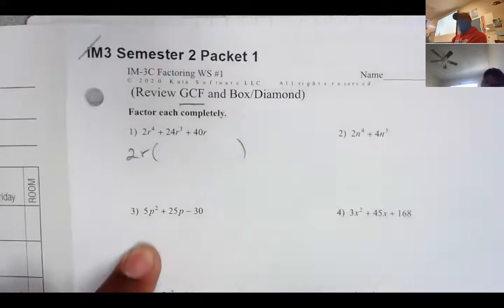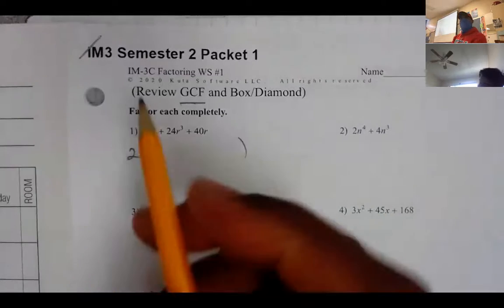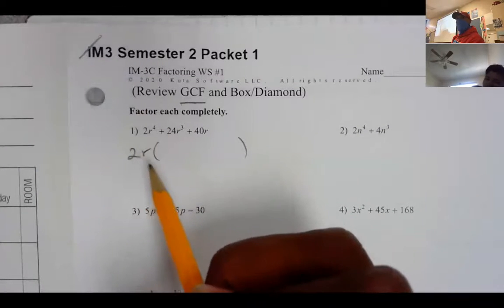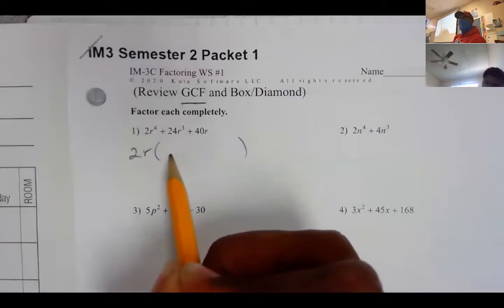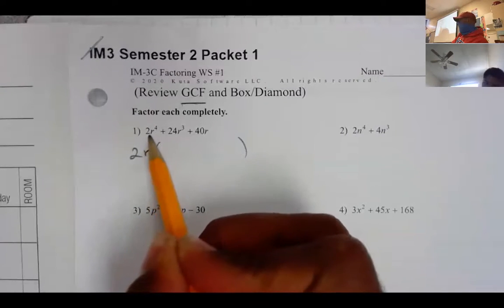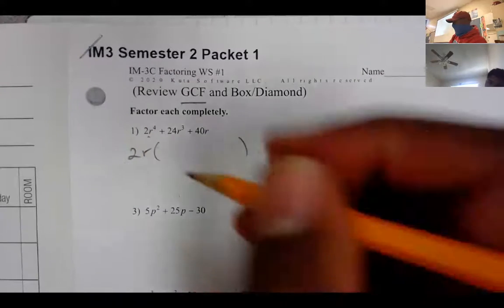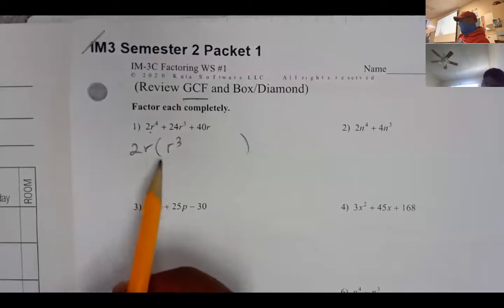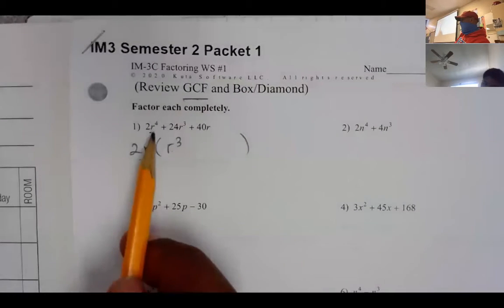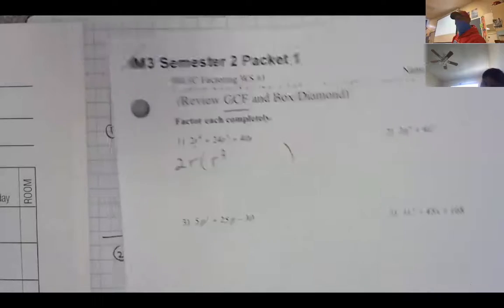And then I'm going to factor out the 2R, and I need to write what's left. So 2R times what will give me 2R to the 4th? Well, R cubed. Okay, because R cubed times 2R will give me that term. Then I go to the next one.